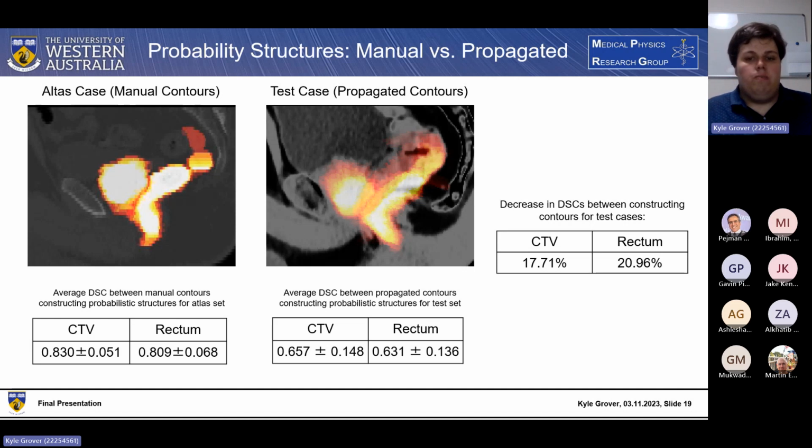In terms of the actual variability between the contours that we're constructing, we end up finding that the dissimilarity coefficients for CTV and rectum decrease when we consider the contours that are used to construct propagated test case anatomy.